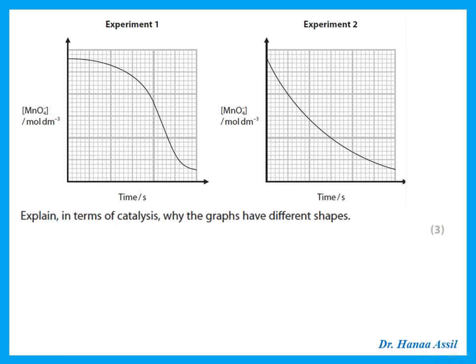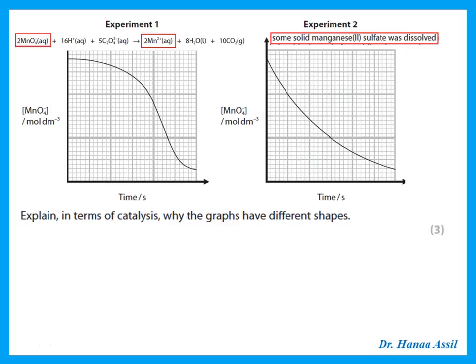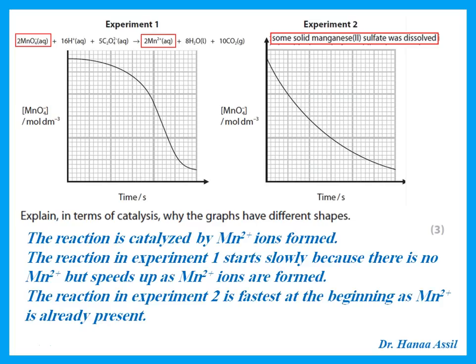Okay, so what was he saying? He said in experiment 1, we have a reaction of manganate to give Mn2+, but in experiment 2, he started by adding manganese 2+ to the mixture. So obviously when he added manganese 2+, it made the reaction faster, and that means that the reaction is catalyzed by manganese 2+ ions.